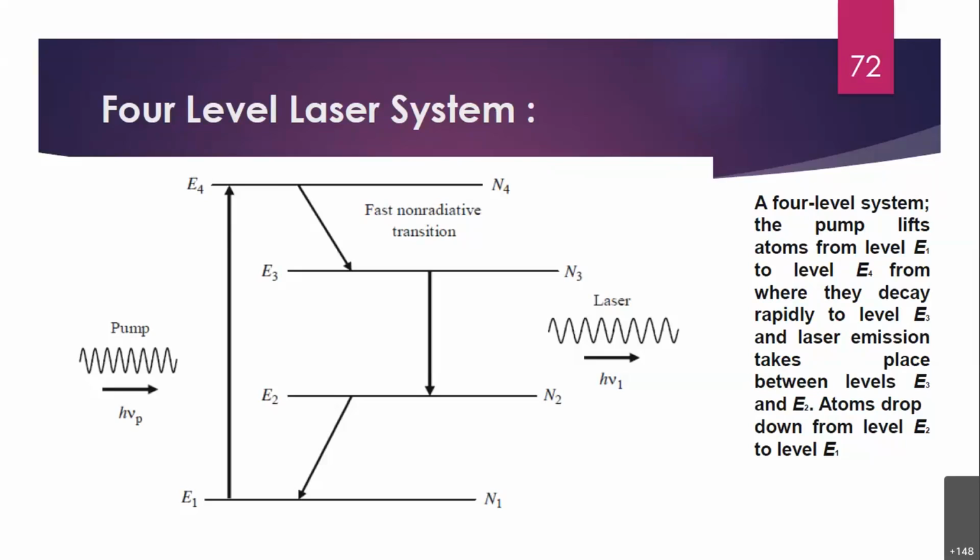Okay, so we'll discuss in the next slide. We are coming to that only कि how we can control the lifetime of level 2. Okay, so can we increase the lifetime of a lower energy level to more time or less time? Yes, yes, there are mechanisms by which you can control it. Okay.